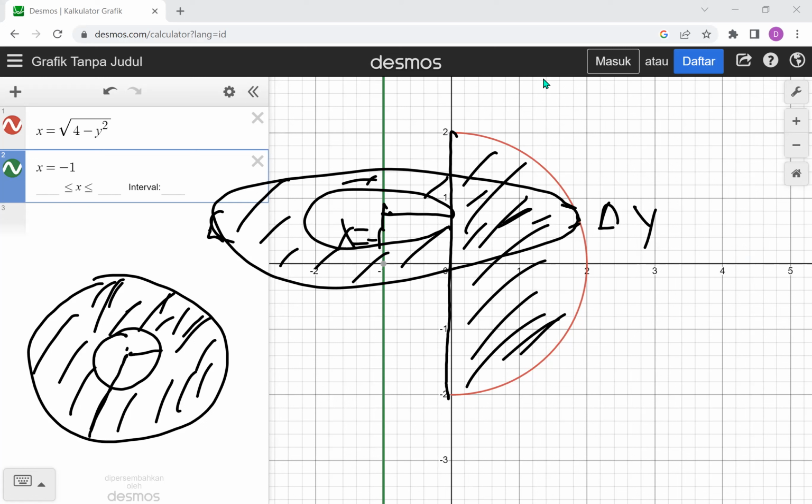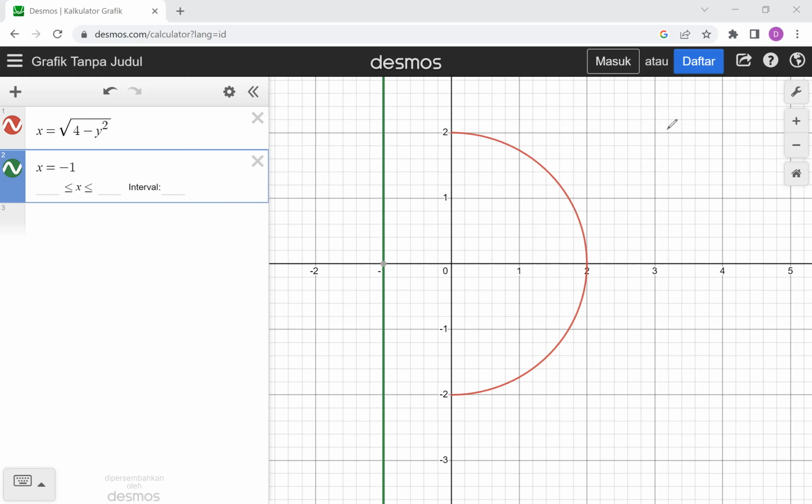So if I draw once again, if the height of this point is y, what is the distance from this point to the red curve? That will be x equals square root of 4 minus y squared.